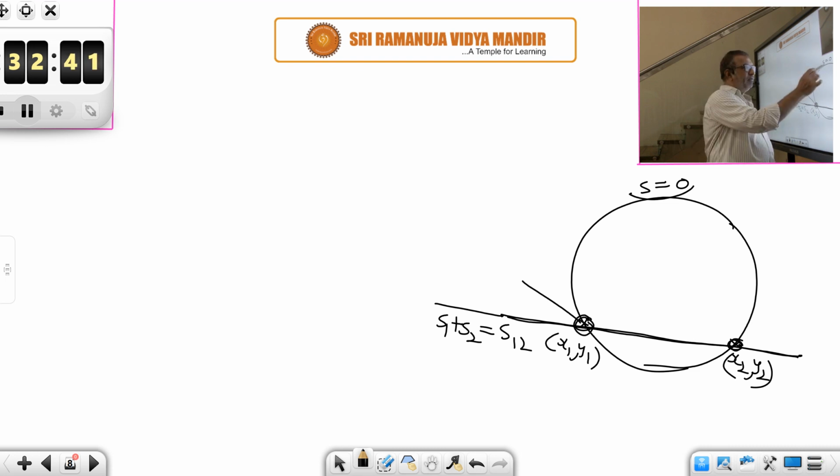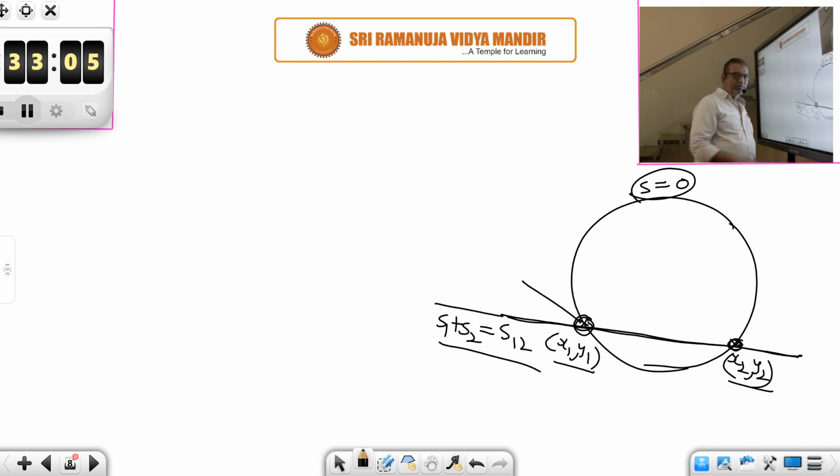I am saying that the 2 points are on the circle, but I don't bother whether they are lying on a circle or a parabola, whatever it is. If the 2 points are given, then by using the 2-point formula I will get the equation. In straight lines, you can use the 2-point formula and get the equation of the straight line. Why do I have to use this S1 plus S2 is equal to S12?